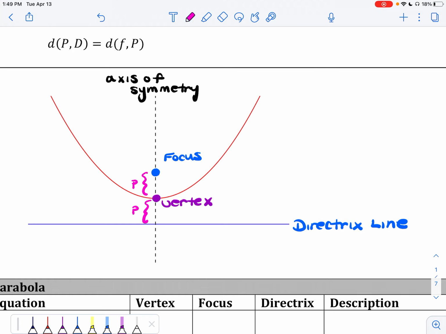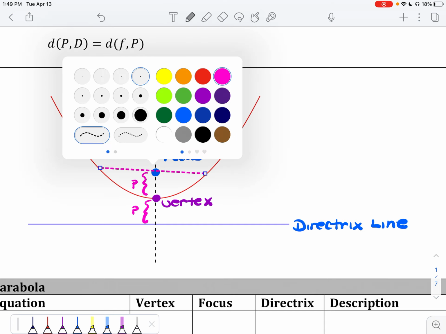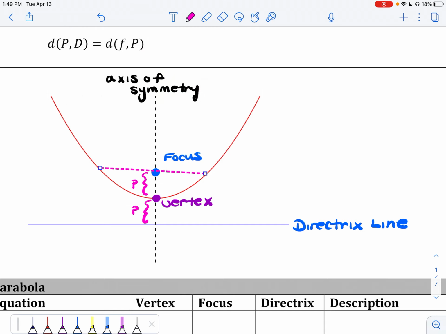All right, now one other thing that is new for these parabolas this time around is this line right here. That line is not straight. Let's try and make that a little straighter.